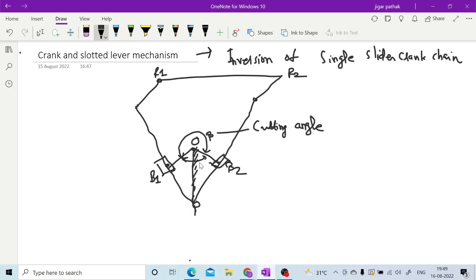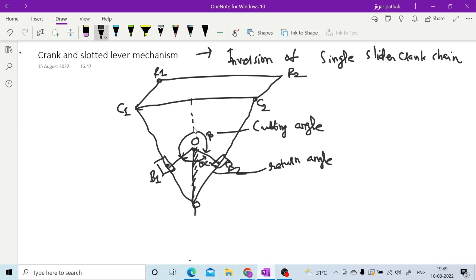Alpha is the return angle, that is the return stroke. Cutting stroke and return stroke are related to this cutting angle and return angle. Now let us say these are C1 and C2. According to B1 and B2 you will have your C1 and C2.